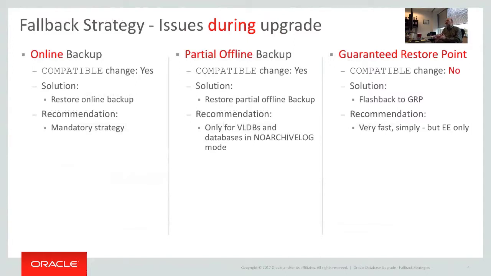And any of these would be a way to recover from, say, a situation where the upgrade simply fails for some reason, such as maybe you had an invalid component and didn't fix it prior to the upgrade, or the system fails, or you run out of disk space, or maybe the upgrade is simply just running too long for your outage window and you realize it early enough that you need to fall back. So let's look at each of these strategies.